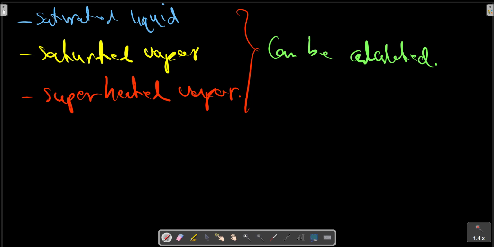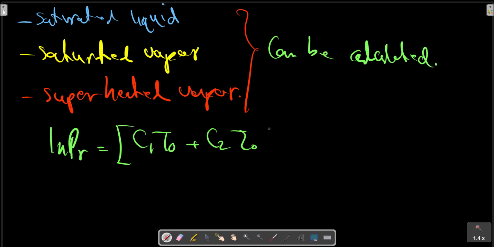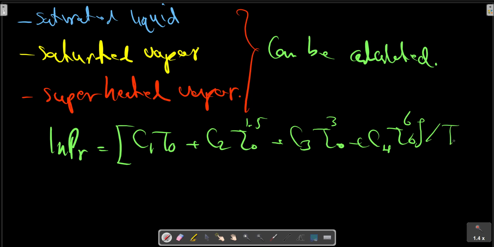One form commonly used is given in terms of reduced pressure and temperature: ln Pr = C1 τ + C2 τ^1.5 + C3 τ^3 + C4 τ^6 over Tr, where the dimensionless temperature variable is τ = 1 − Tr.